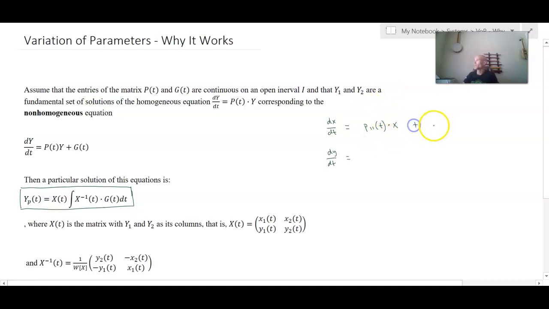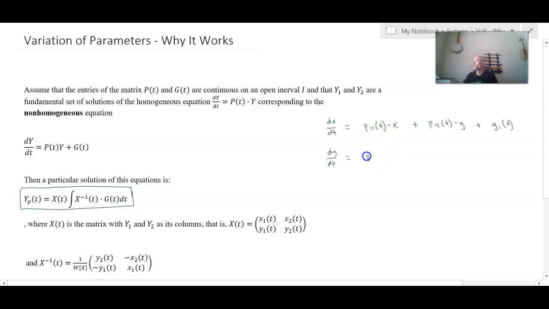But I'm going to put these here as placeholders because this would work in theory if you could solve it with these functions of t and not just constants. So it'll look kind of like this. P11, the first one kind of corresponds to the first variable, so x, and then p12 times y, plus this non-homogeneous expression g1 of t.